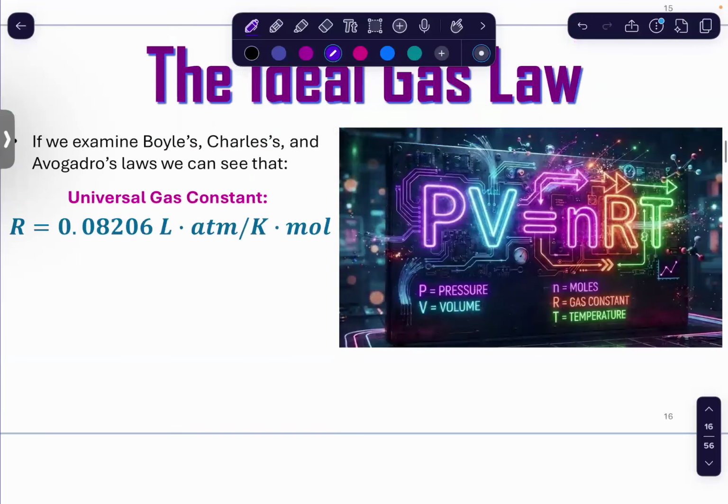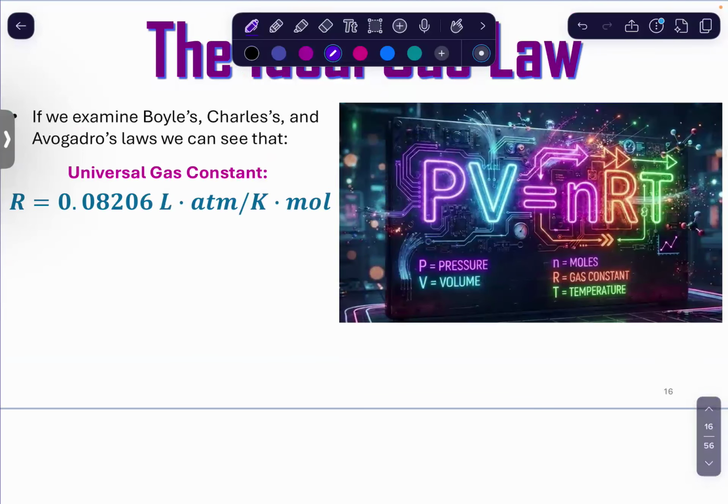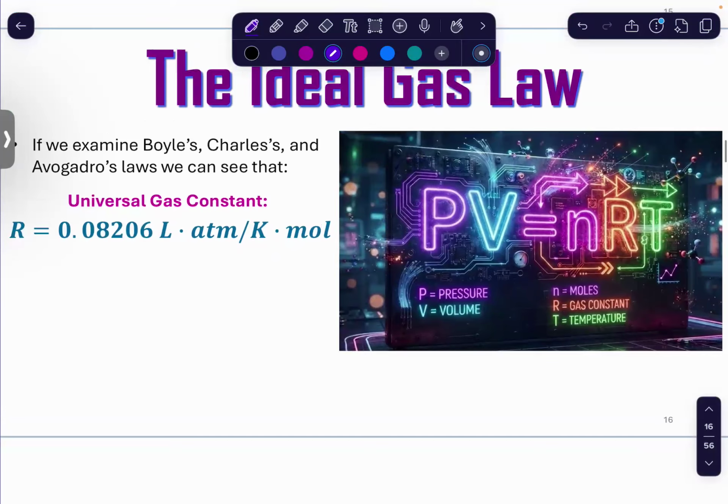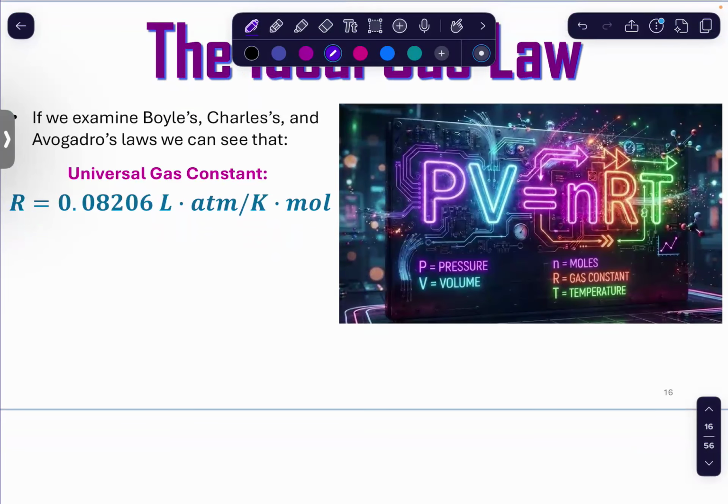And so, how do we get to the ideal gas law? Well, we have our three laws we talked about. Boyle's law, remember that was PV equals a constant, which means that if we move this around, we're going to get everything in terms of volume.